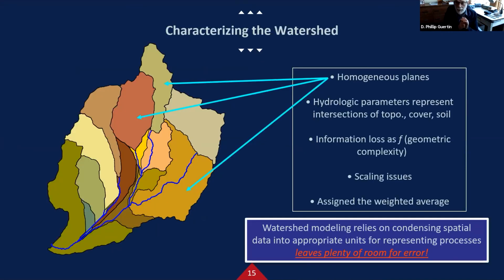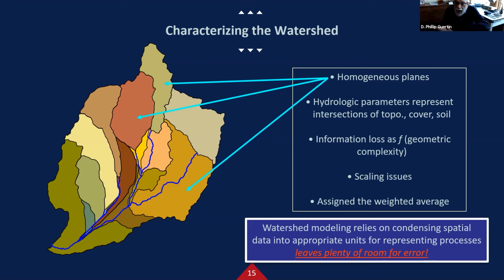Next slide. Each one of these model elements, be it subwatersheds or the hill slope planes, the overland flow planes that we have in Kinross, we assume is homogeneous within that area. So we may have several different soil types overlaid with several different land use land cover types within a given area. We will come up with an estimate of what the response would be, or what the input parameters would be, given that complexity.